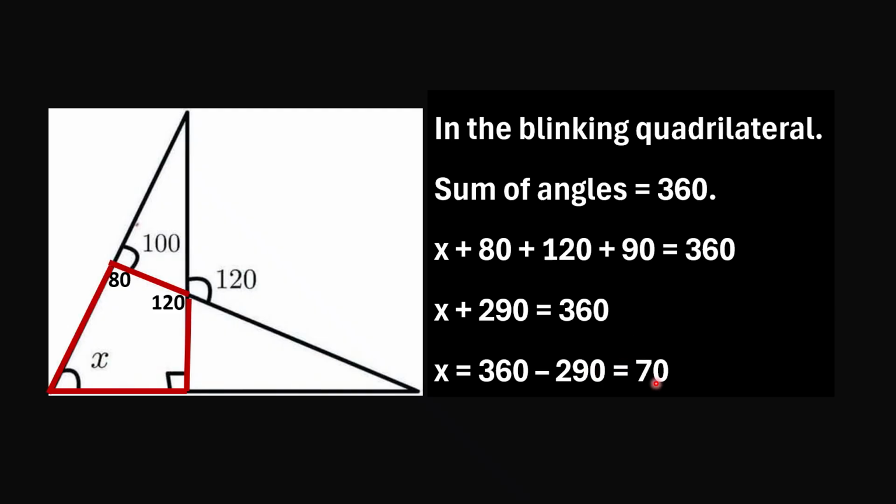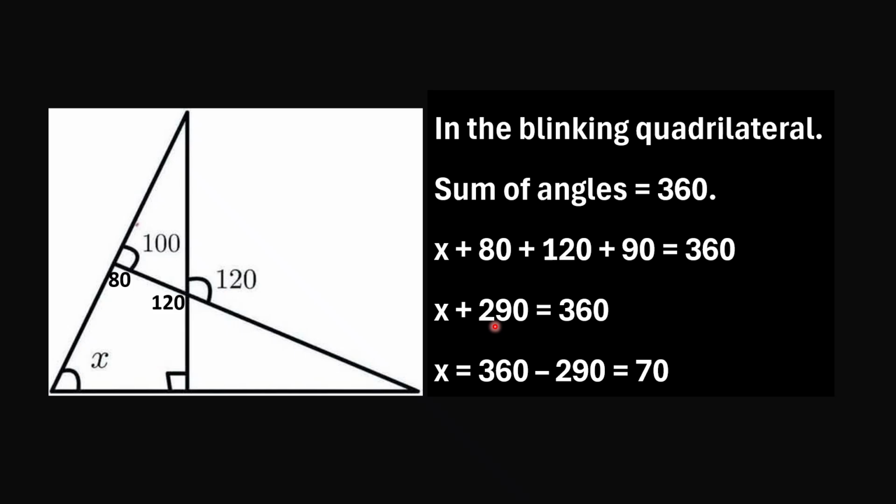So minus 290 can be written as minus 300 plus 10. So 360 minus 300 is 60, plus 10 is 70. So the required angle is 70 degrees. This x will be equal to 70 degrees.